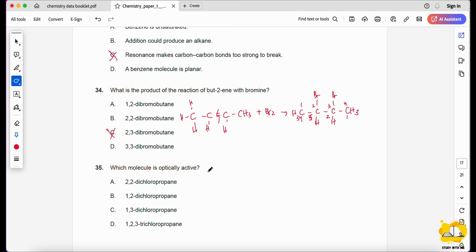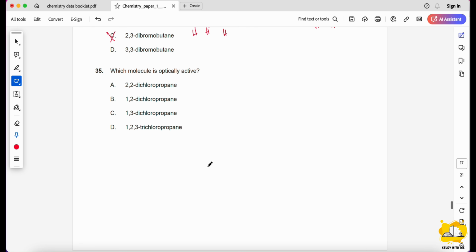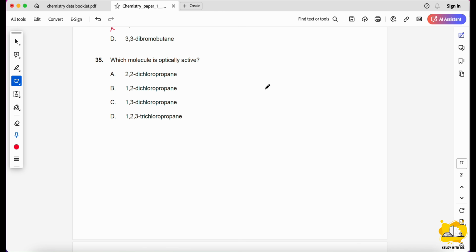Which molecule is optically active? If it's optically active, it's based on symmetry and chirality. A chiral center is a carbon atom bonded to 4 different substituents. So let me try breaking it down.